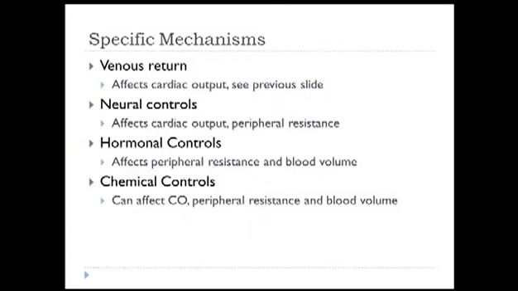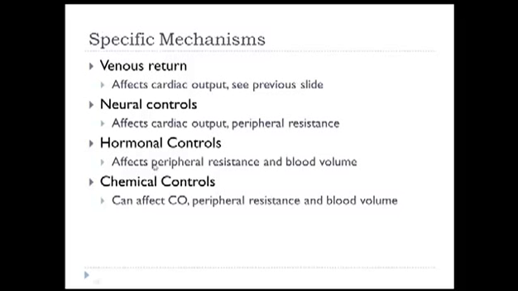With our neural controls, we can have our sympathetic versus parasympathetic, right? If you get a sympathetic type of response, you're going to get generalized vasoconstriction going to your gut, and you're going to get generalized vasodilation going to your skeletal muscles. But overall, your blood pressure will increase. Why? Because we're going to increase heart rate, and we're going to increase cardiac output.